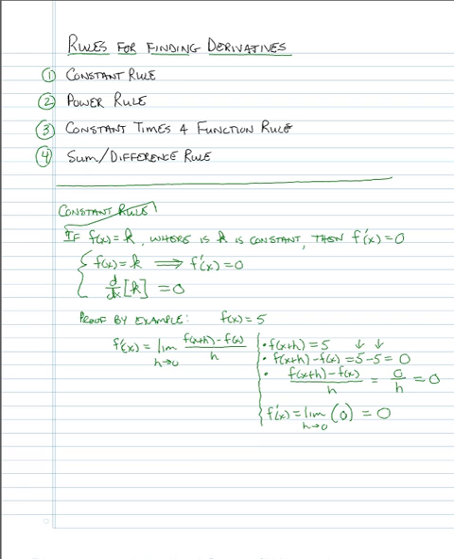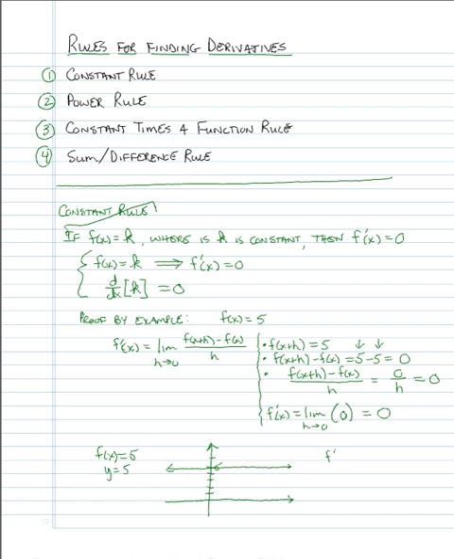Now here's another way to look at this. Remember what the graph of f of x would look like if f of x is 5. See, if f of x is equal to 5, then the graph of that is really just the graph of a horizontal line. That's the horizontal line, y equals 5. And so if we were making this graph, let's say 1, 2, 3, 4, 5, 6, and so on. Here's where 5 is. We'd have a horizontal line that goes through 5, but more importantly now, what we're asking for is the derivative.